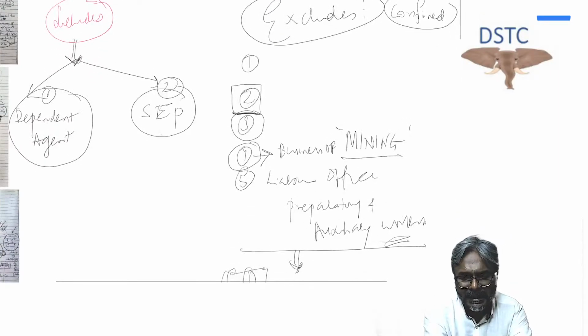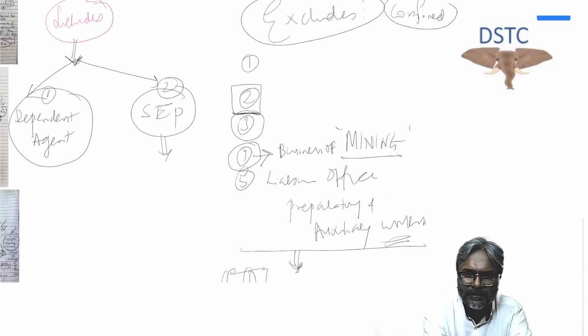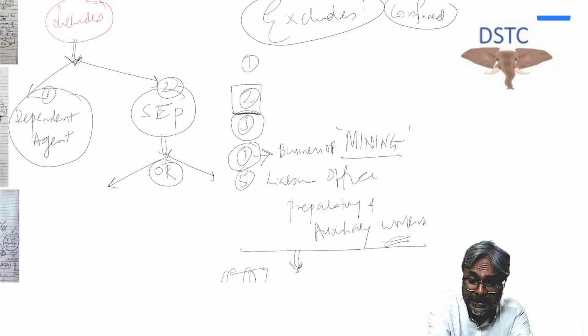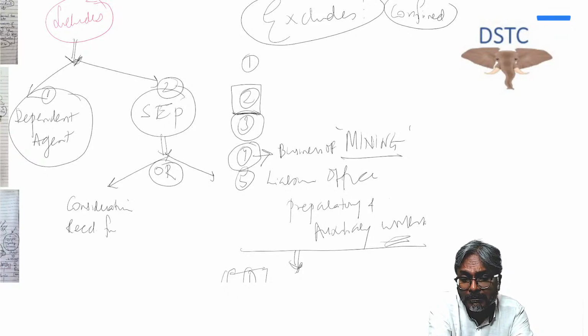What is SEP? SEP means the non-resident may not have a physical presence. Be careful, but just check in the question, even without a physical presence, whether it is hitting one of the two criteria. Which two criteria? The consideration received from a person in India.